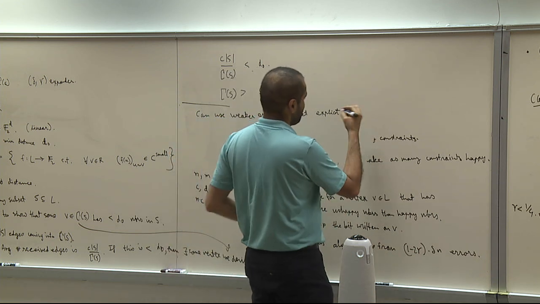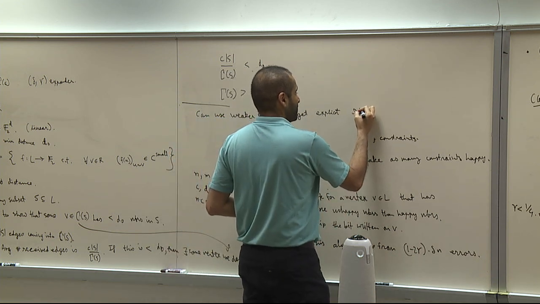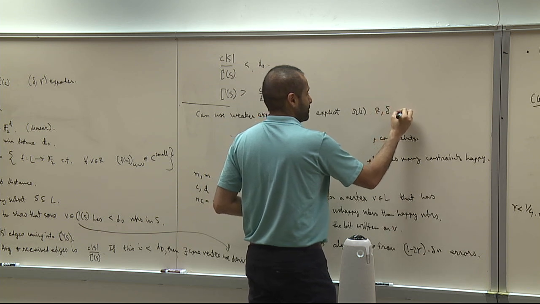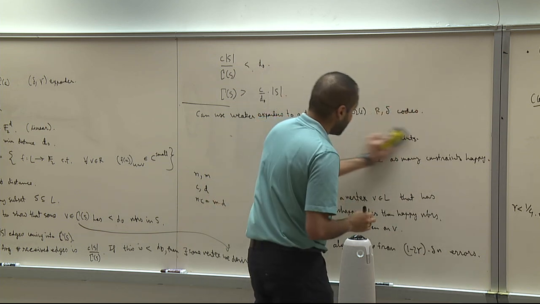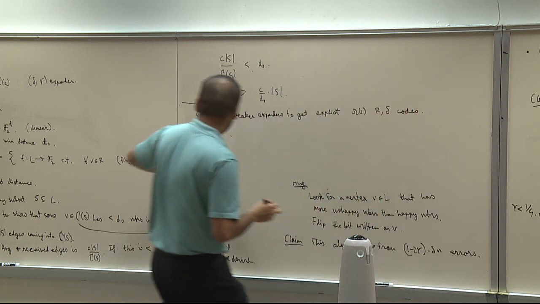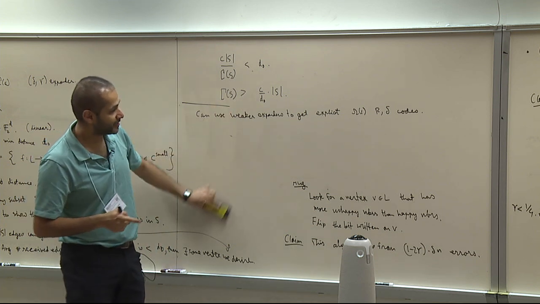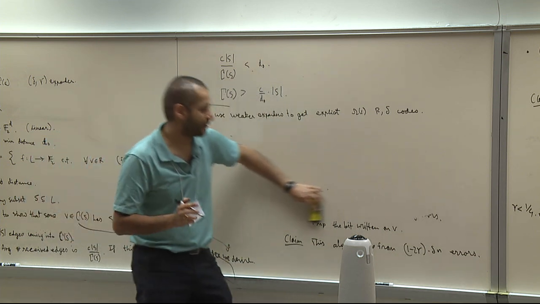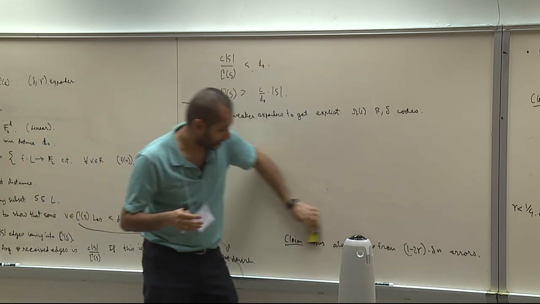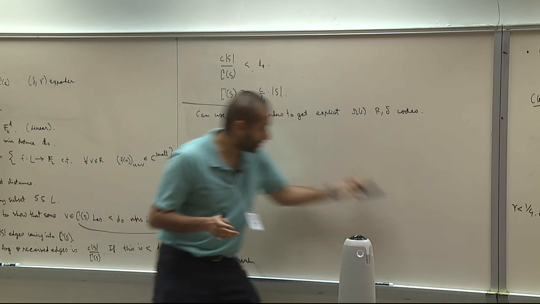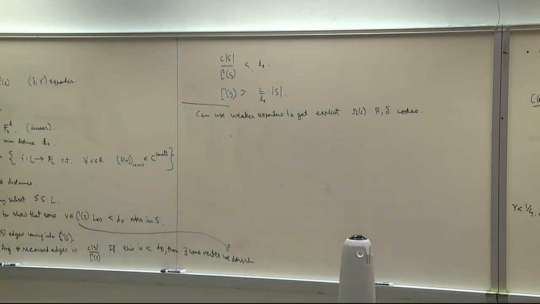Good stands for omega 1, so omega 1 rate and delta. This is truly an explicit construction now, where the kind of expanders that you need in order to implement it are much more reasonable. There are many constructions of expanders that have this property. It's not as fancy as the previous one, so this is now slightly more tangible as an explicit construction.